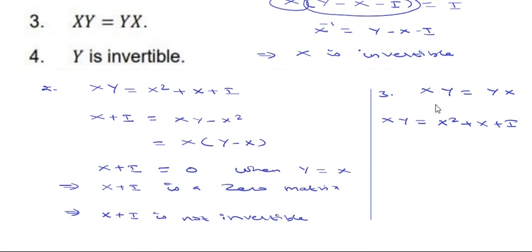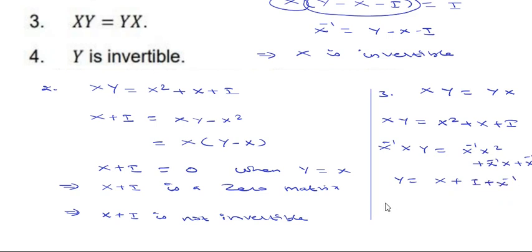So therefore x inverse exists. So now pre-multiply x inverse on both sides. You will get x inverse x square plus x inverse x plus x inverse. So we will get y is equal to x plus I plus x inverse.